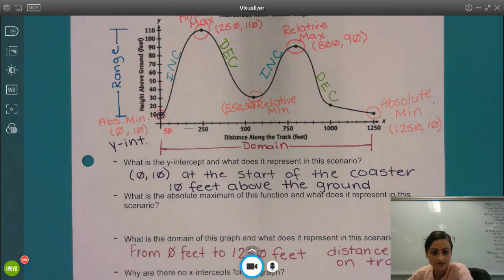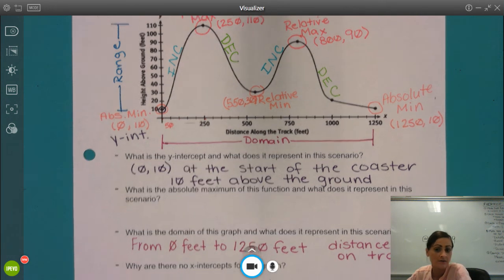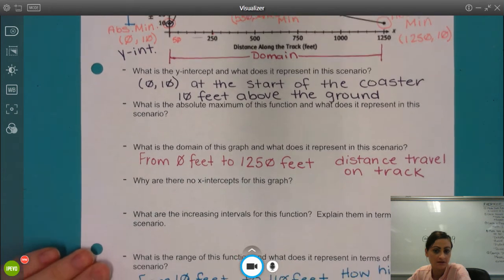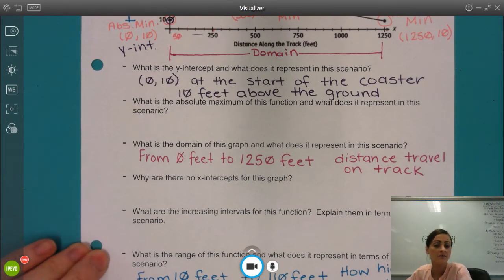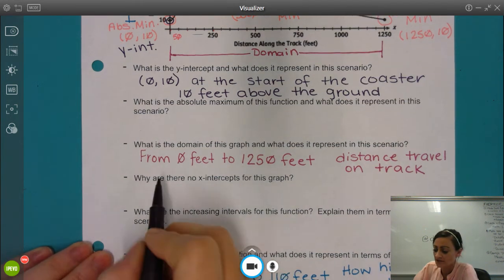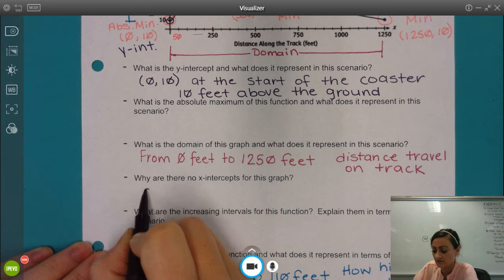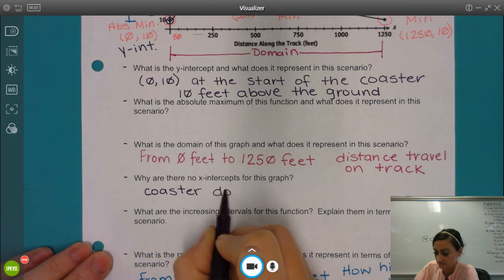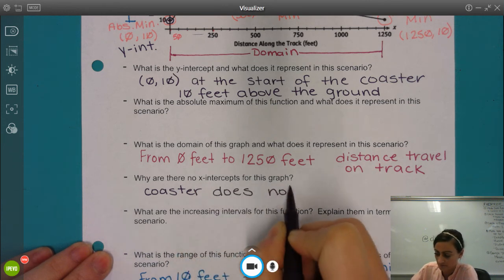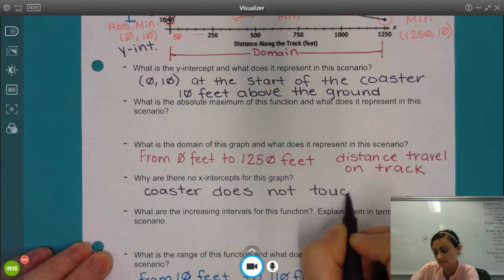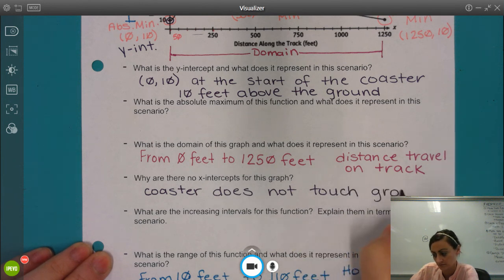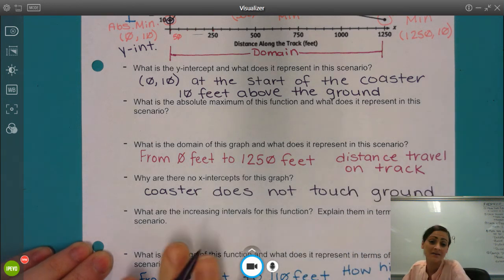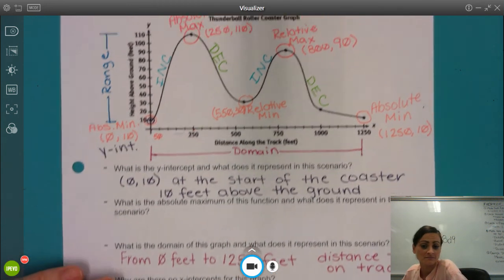If I am no feet above the ground, that means I am on the ground. I do not want to hit the ground when I am on a roller coaster. So there are no x-intercepts because the coaster is not going to hit the ground. That would not be a very safe roller coaster.